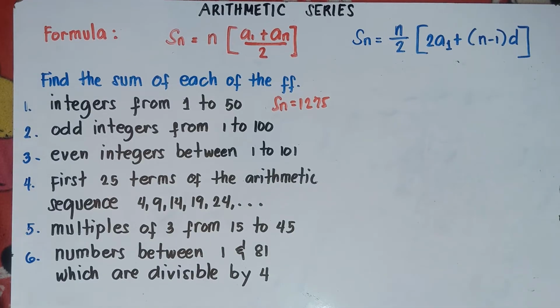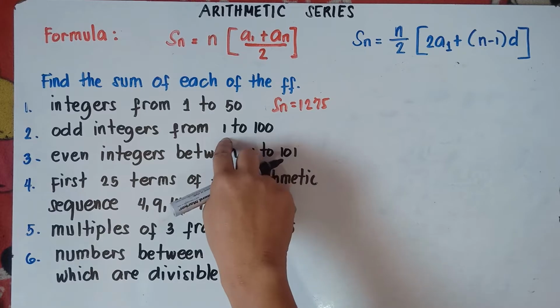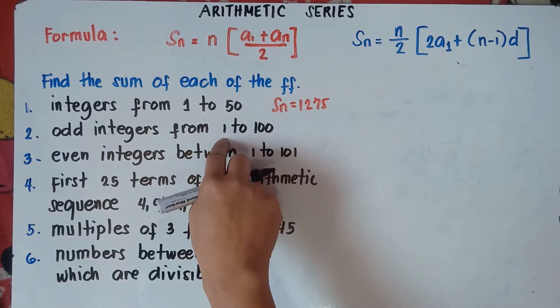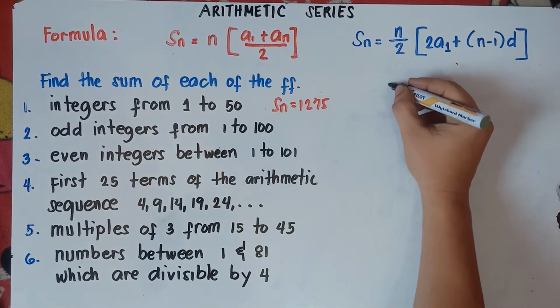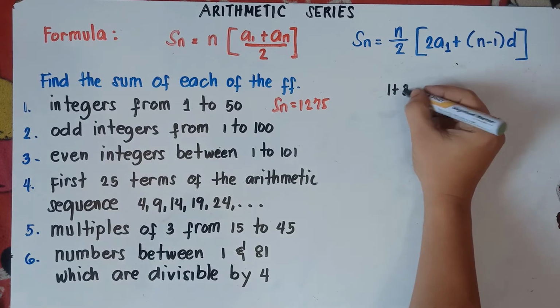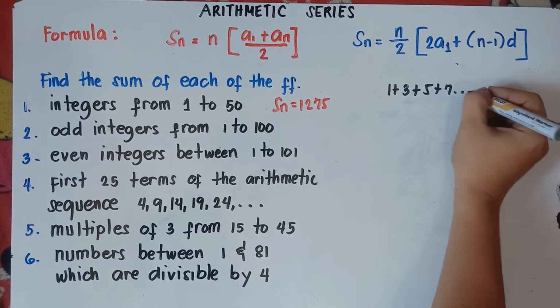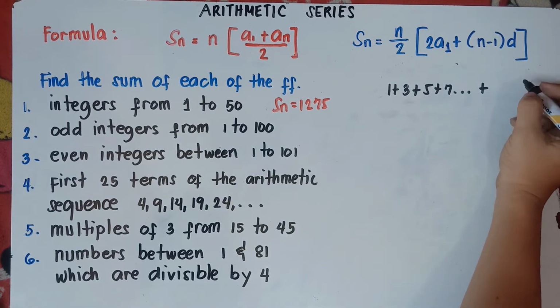Add integers from 1 to 100. So what are the odd integers, class? Did you give me the odd integers? That's correct. Starting from 1, of course 1 is included because it says from 1 up to 100. So we have 1 plus, what will be the next odd integer, class? That's correct. That's 3 plus 5 plus 7 plus, what will be the last number, class?